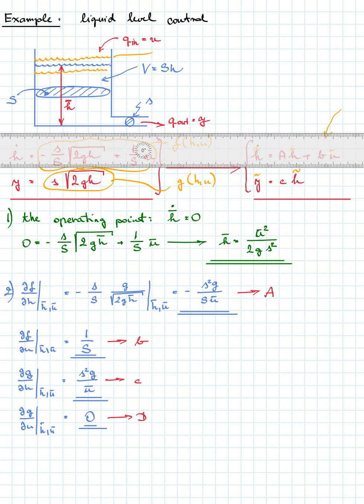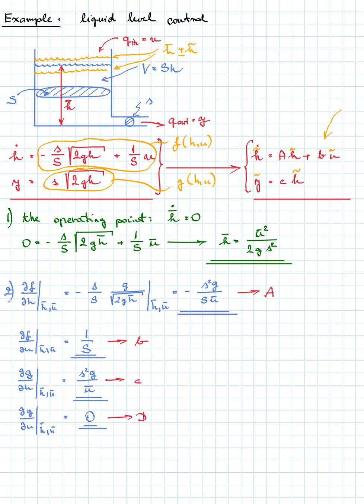So this level here is something like h bar plus h tilde, for example, and of course this value is also possible, but with a negative sign. So this linearized equation, which we got at the end, is valid only for this movement, only for this very small change.